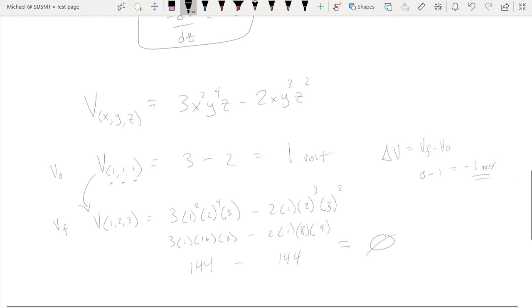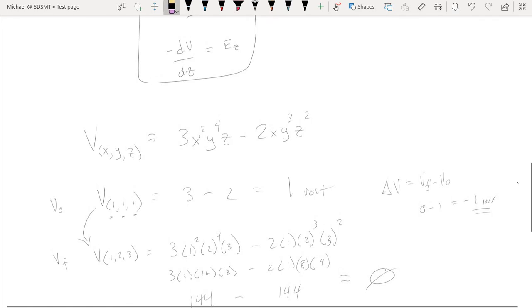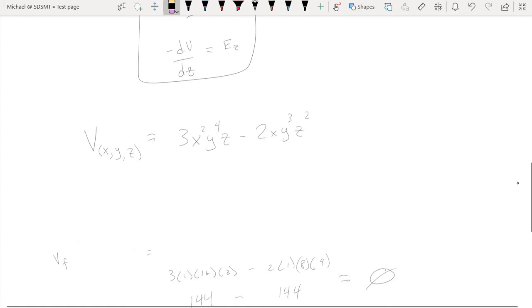But now I want to know, what is the electric field in this region of space? We have this nice function here that tells us how the electric potential is changing. Let's use it to tell us what the electric field in this system looks like. So now is where we need to modify the derivative statements that we have up above.